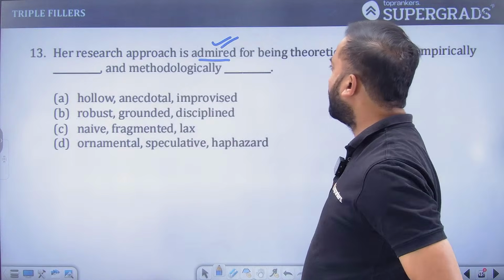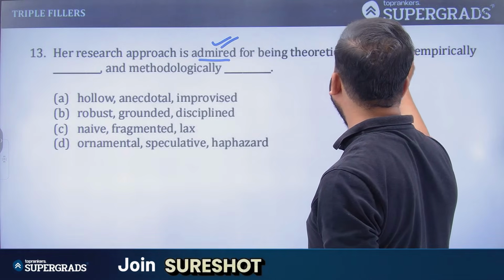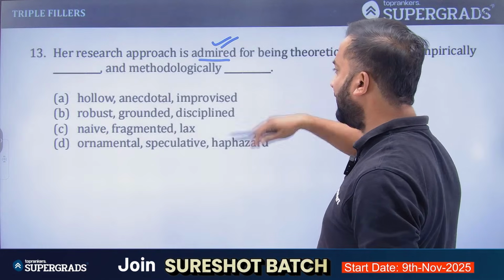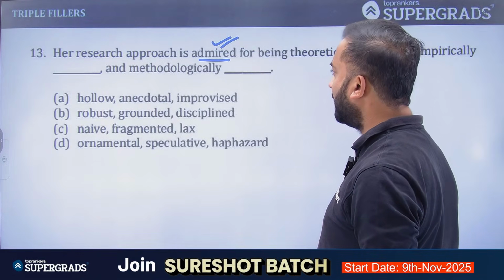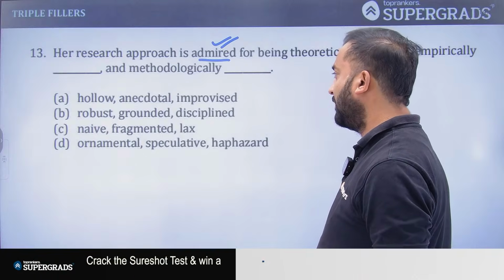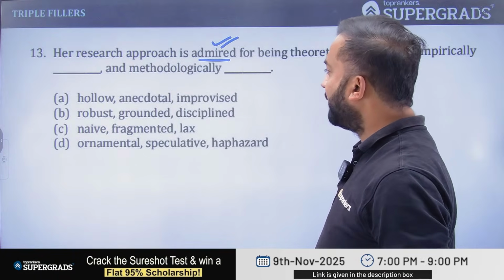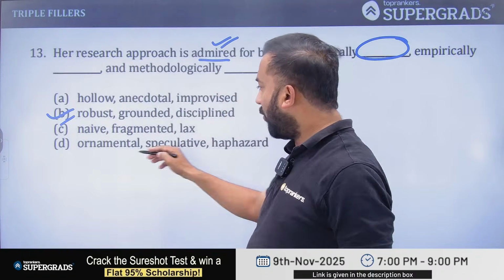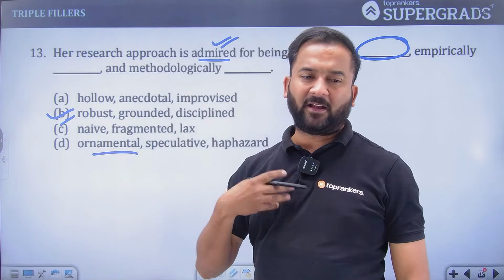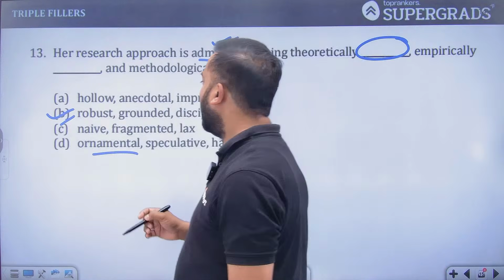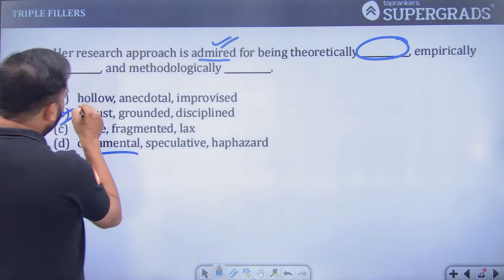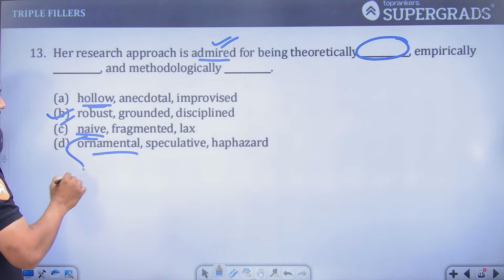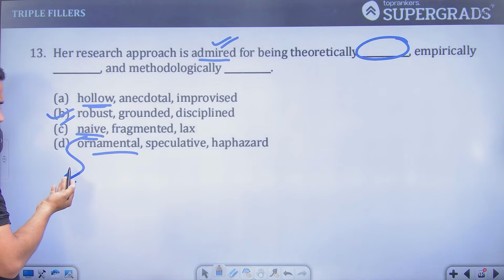Her research approach is admired for being theoretically dash, empirically dash, and methodologically dash. So theoretically robust would be correct because ornamental नहीं हो सकता. It cannot be decorative. Robust is very strong. Naive and hollow is lacking substance. Naive is like a youngster.